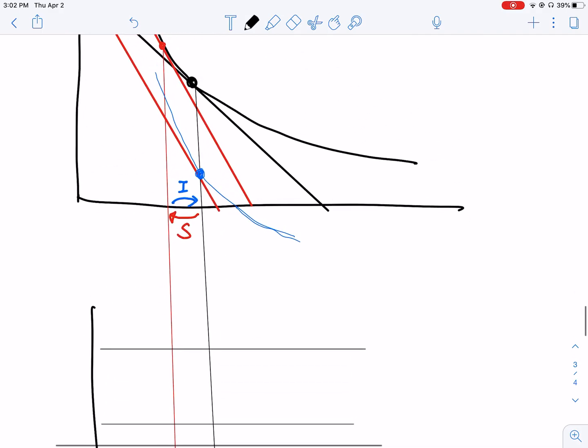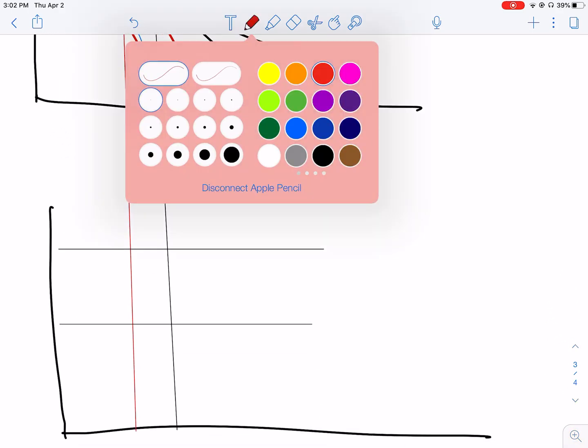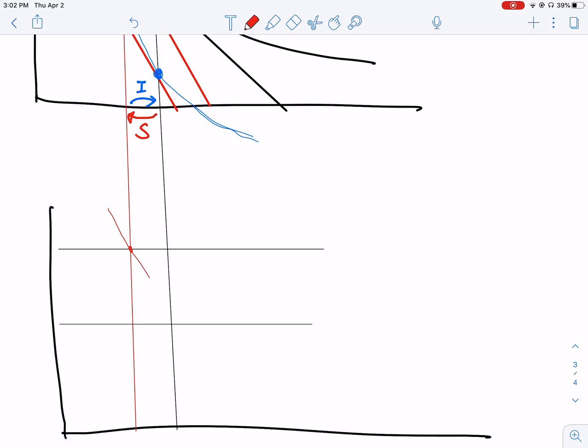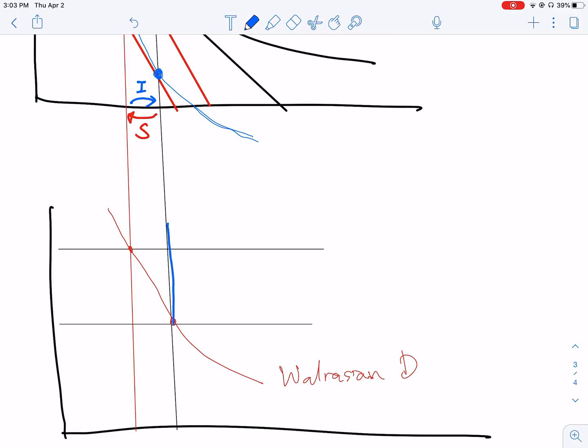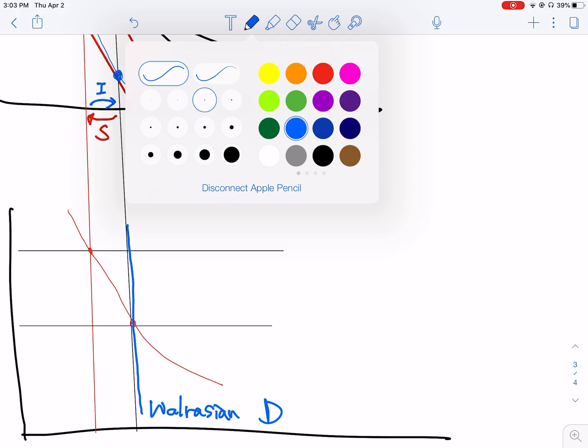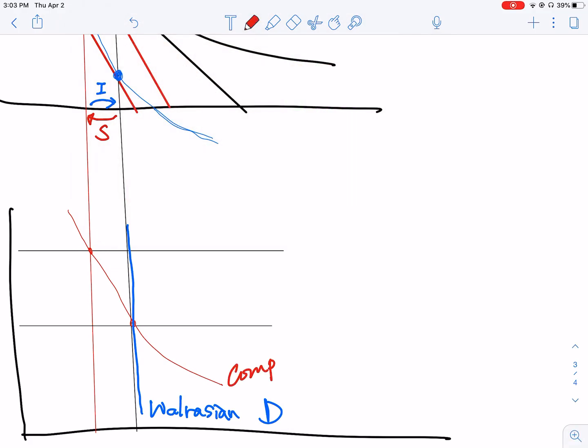the compensated demand curve is given by the, so this is a variation demand curve, I'm sorry, so this is actually the compensated demand curve, right?